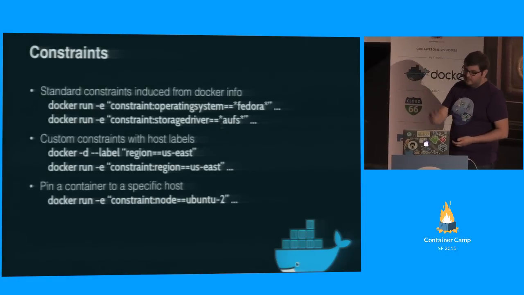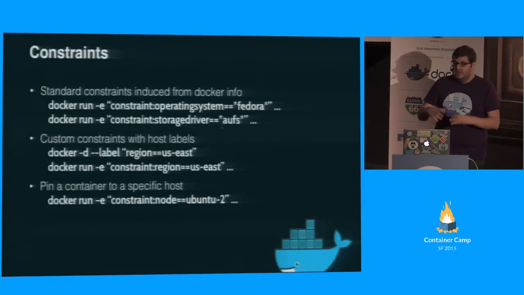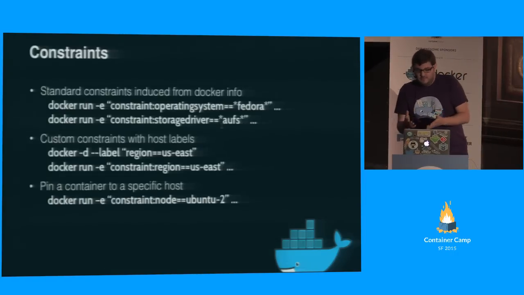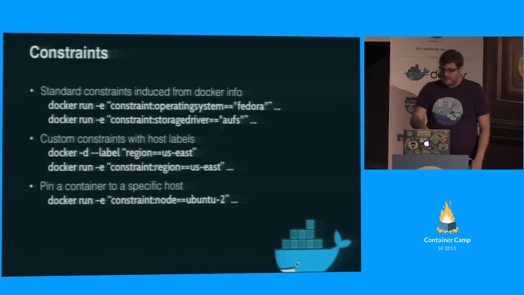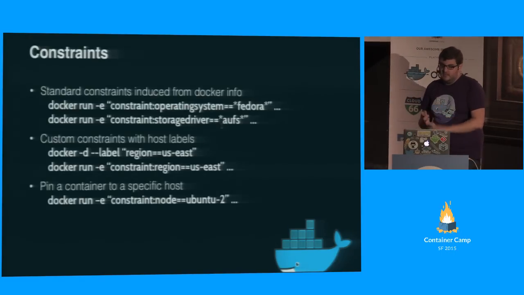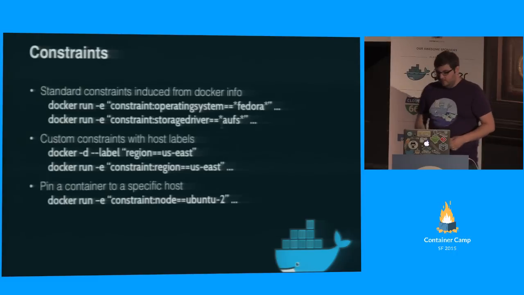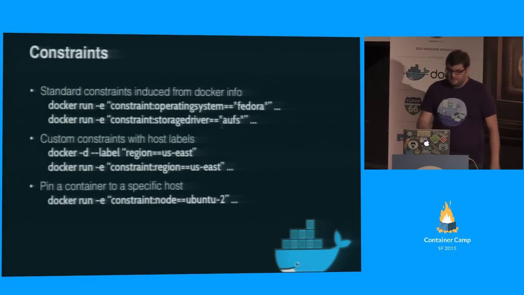So here in the first example, if you want your container to run on a machine where the host system is Fedora, you can do that. As you can see with the stars, it supports regexps and globbing, so you can really specify the constraints you want. Same with storage driver.